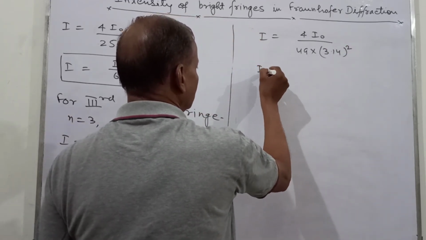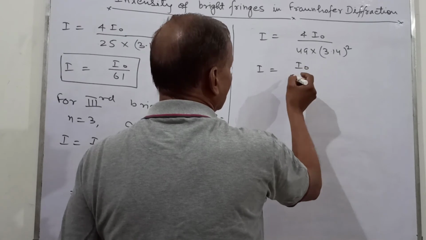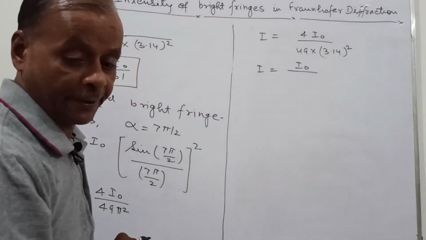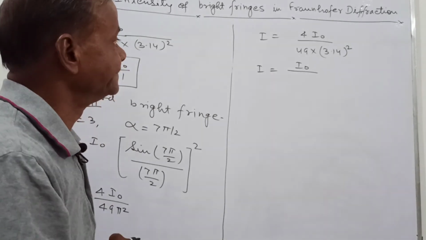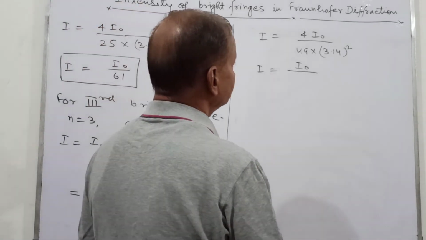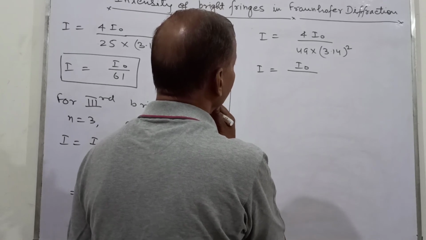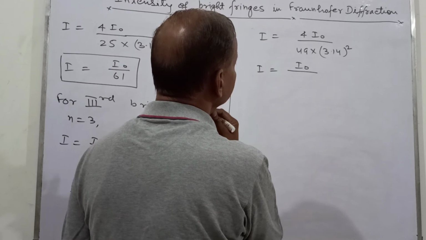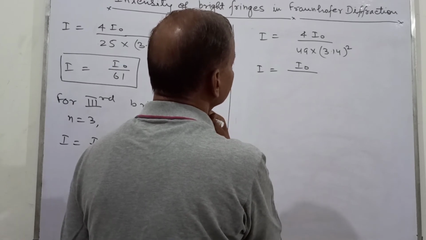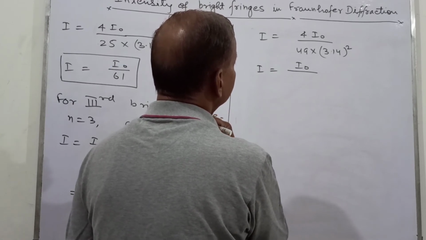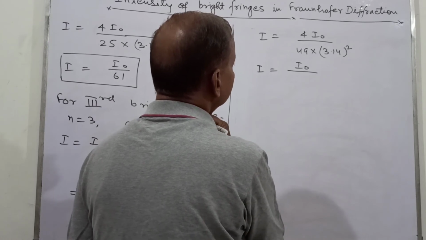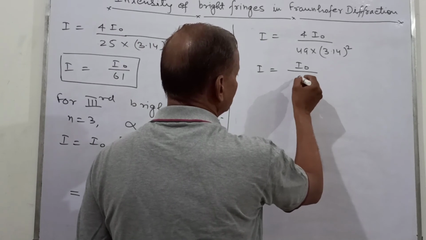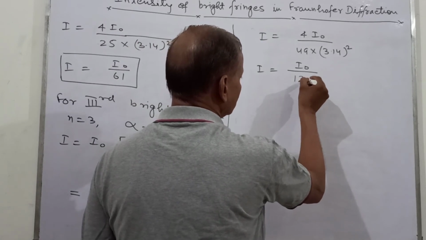So this I is equal to I naught upon, approximately this will be now 122.